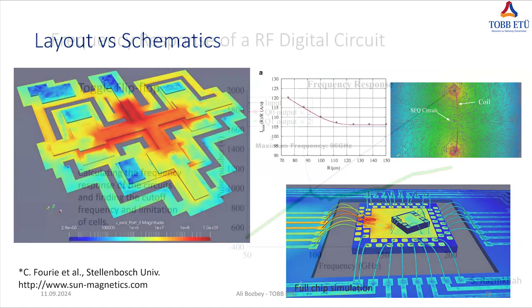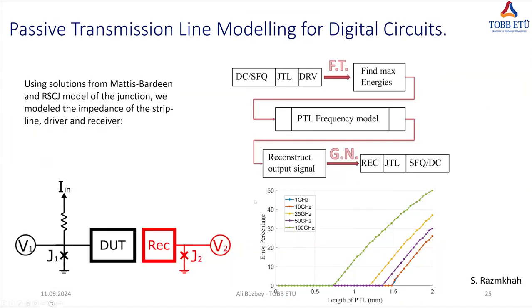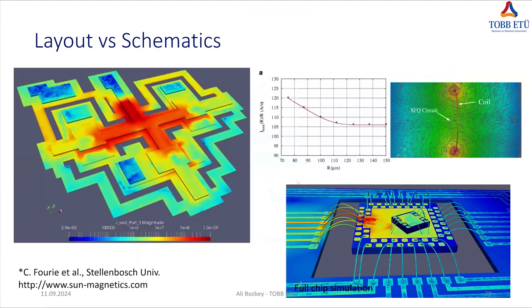So it's relatively easy to design individual elements, but when we make them a large chip, a large circuit with 5 mm by 5 mm dimensions and thousands of junctions, the fabrication quality is not 100% perfect. So there are some tolerances in the fabrication process, like the critical currents can shift 5%, inductors can shift 5%, etc. So the designer should take into account that the circuit should work with high tolerances.